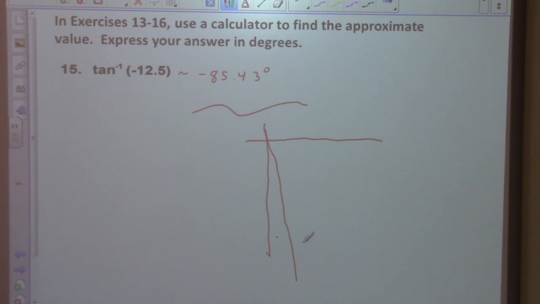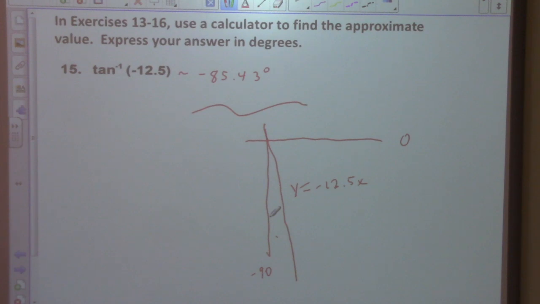That's your slope, so the equation would be y equals negative 12.5x. I know that if this is 0 degrees and this down here is negative 90 degrees, it's going to be negative, but really close to negative 90. So really, it's just my understanding of how these equations work.